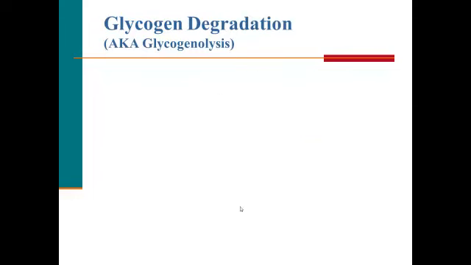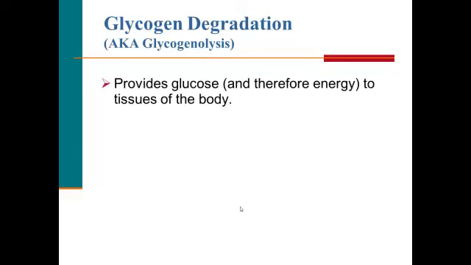Glycogen degradation is going to be the opposite. It's the process whereby glucose molecules are released one at a time from the larger glycogen molecule. By breaking it down, the cells of either the liver or the skeletal muscle are providing glucose for energy production.